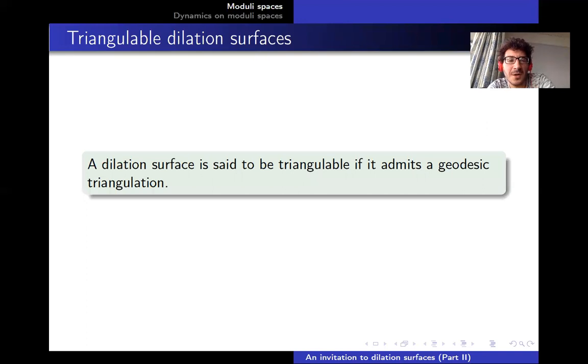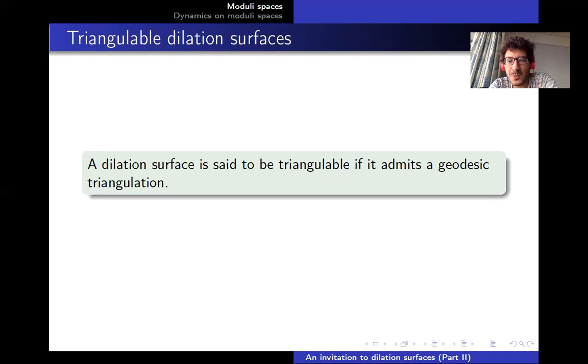So before introducing the dynamics on the moduli spaces, there is one little thing that's not annoying, but makes the presentation a bit longer, and we'd like to move to the nice stuff. There are some dilation surfaces that are not triangulable, and you might wonder, why are you saying this? It'll have an importance a bit later.